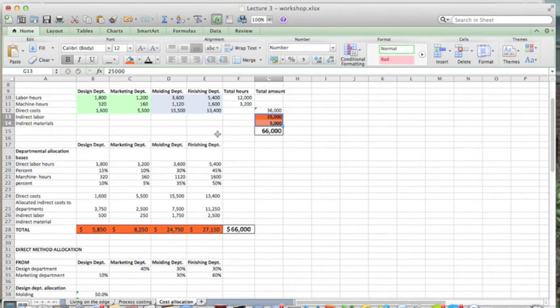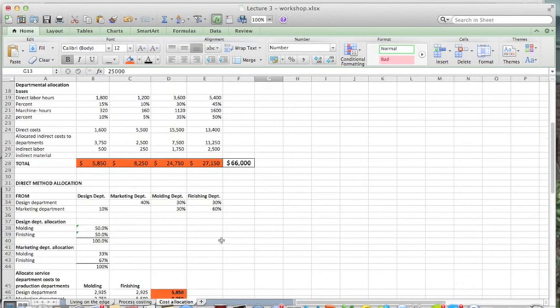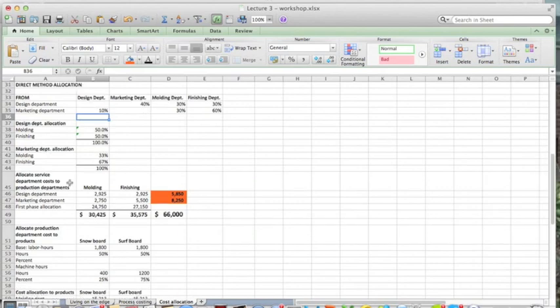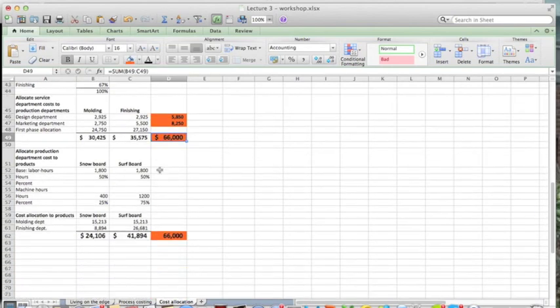We went through each department, allocated first the overhead by department. Then we looked, okay, some of the departments are working for each other. So we had to look, how are the production departments being fed by the service departments? We allocated from service department to production department, maintained the 66,000, and then we allocated the total of what we came up with from production to actually each product.